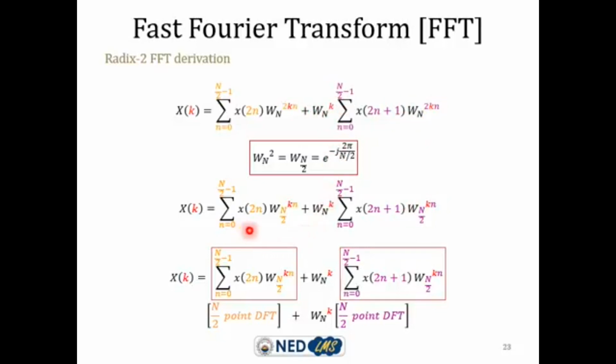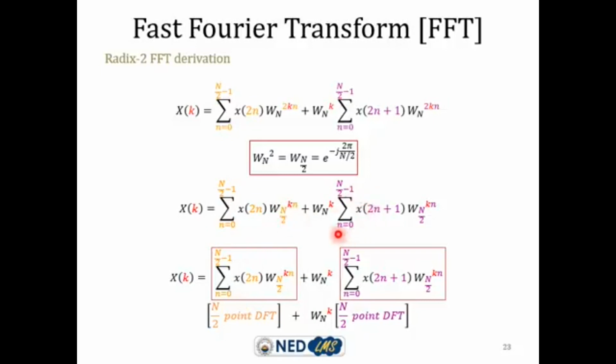Now, if you observe these two expressions carefully, you will find they represent DFT equations. But for how many points? Since the length of the signal is N by 2 samples and the subscript value of the W factor is also N by 2, this is the DFT equation for N by 2 points. So this is the first N by 2 point DFT.